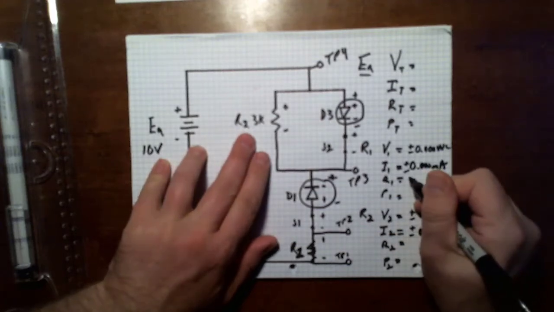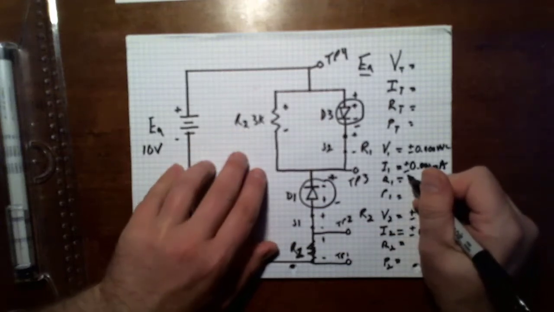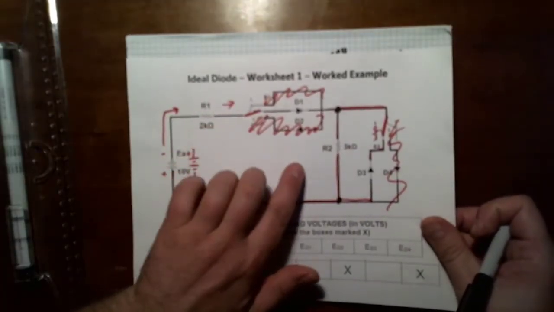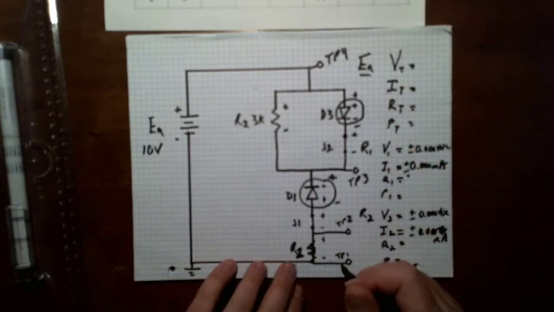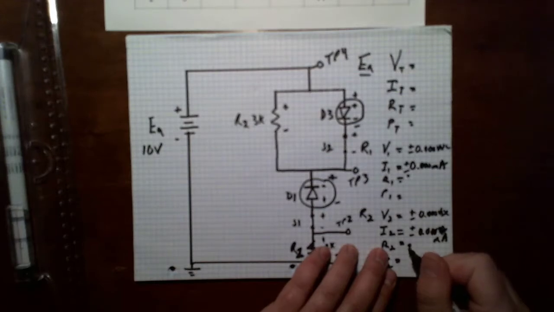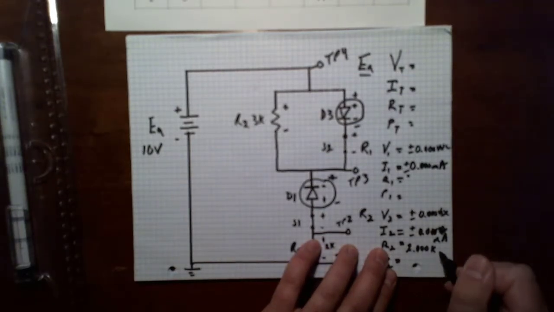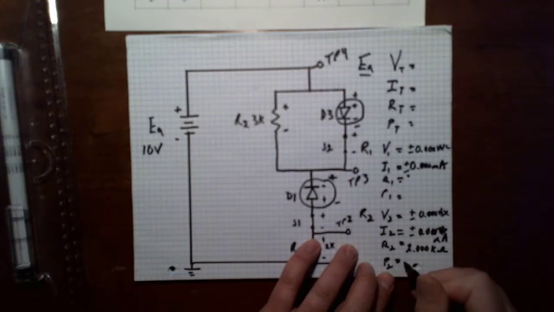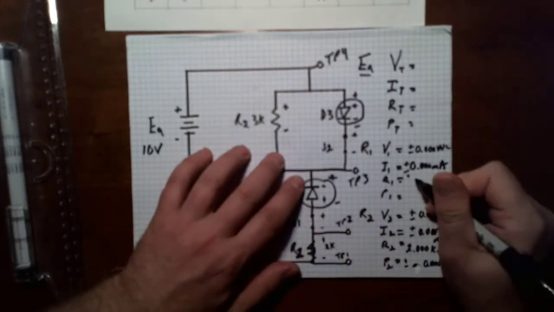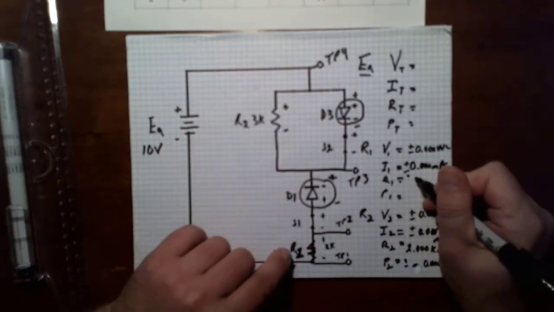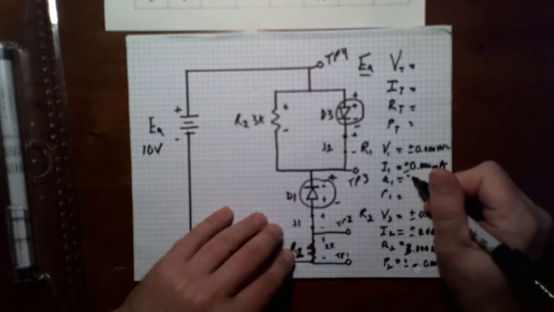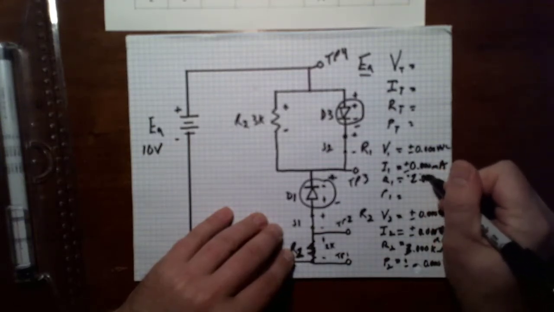I have resistance. At R1, what does it say I have at R1? I have 2K at R1 and 3K at R2. So my resistance is 2.000 kiloohms. My power, plus or minus 0.000 watts. Resistance of R2 is 3 kiloohms.